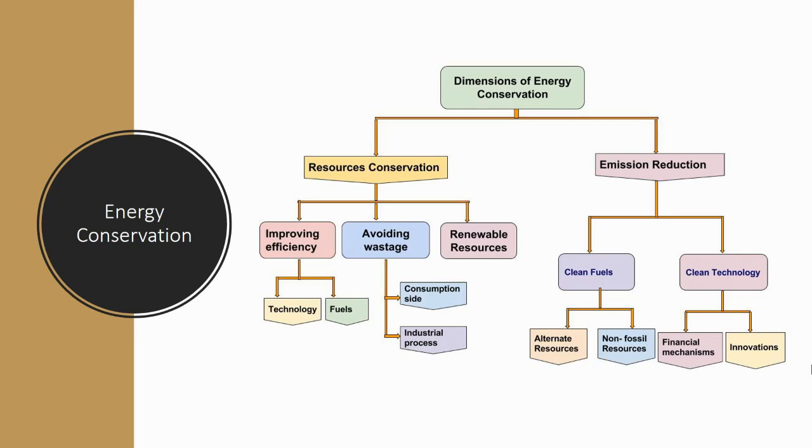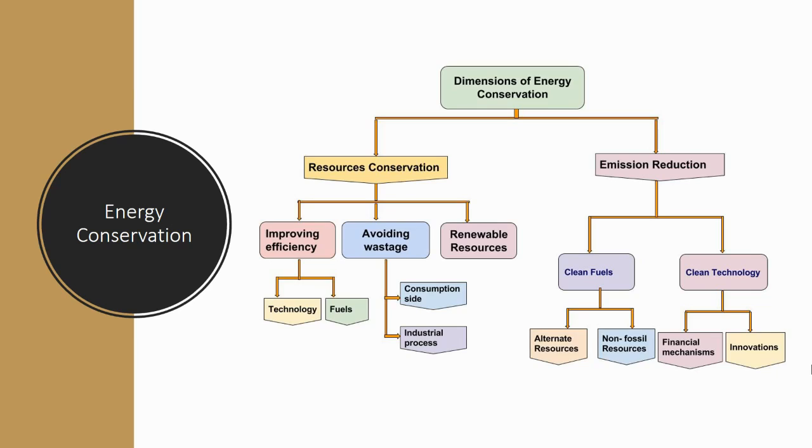That means improving technologies, maybe even using alternative fuel sources, things like biofuels and ethanols. We can look at avoiding waste, right? Look at how much we're consuming in terms of domestic use and maybe even industrial use. And then implementing more renewable resources like solar power and wind power.